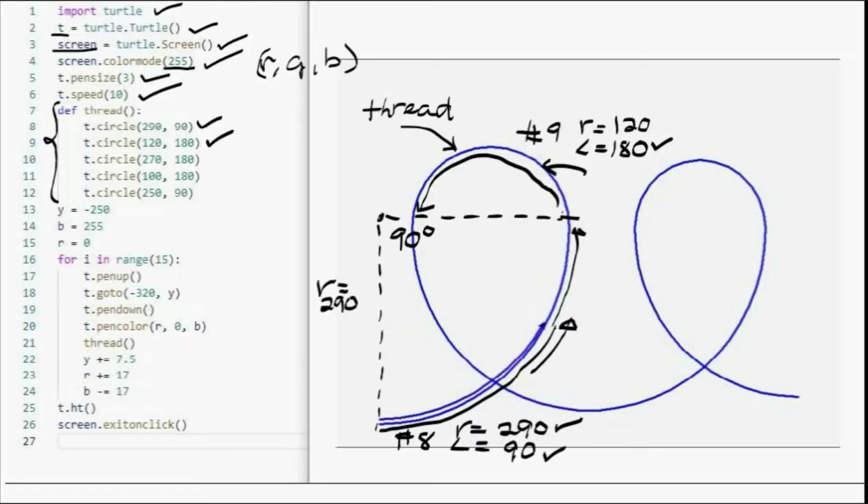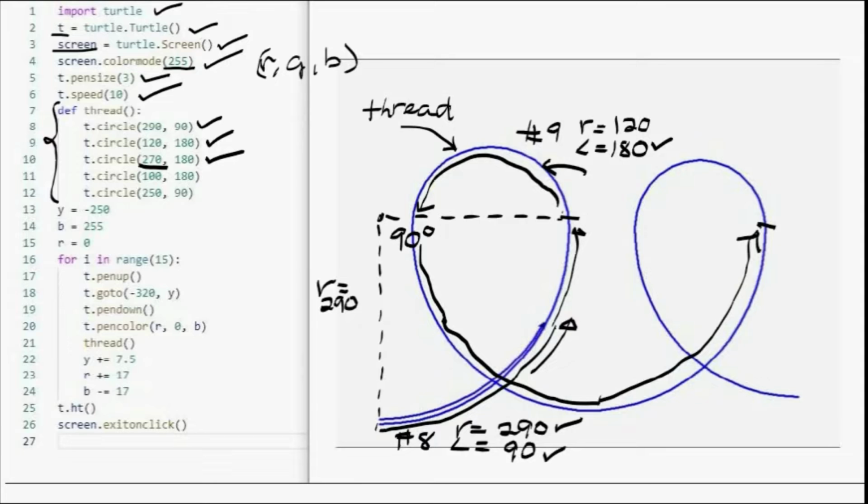Now let's go to the third arc, line number 10. This is from a very big circle with radius 270. This is the very big arc coming from here. Let me draw this line as carefully as I can. It extends up to this one here. Okay.